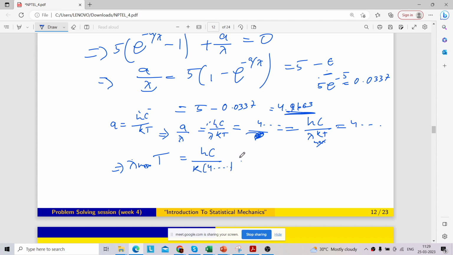Then when you put these values, you will get 2.89 into 10 to the minus 3. This is the value of A. Okay, so that's it for today.